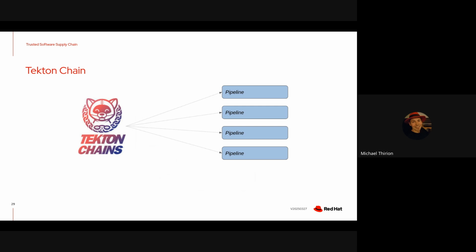So in the YAML of the operator, you can enable and configure Tekton Chains. And once you did that, the pipeline that runs on your cluster will automatically be signed, and a provenance will automatically be generated.